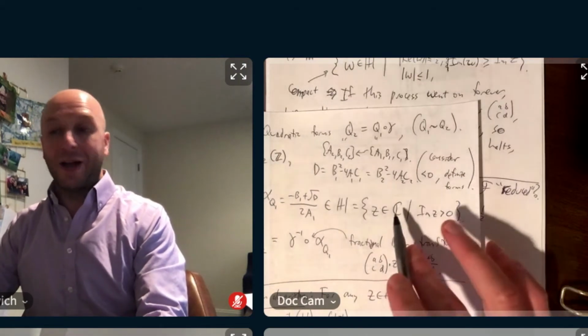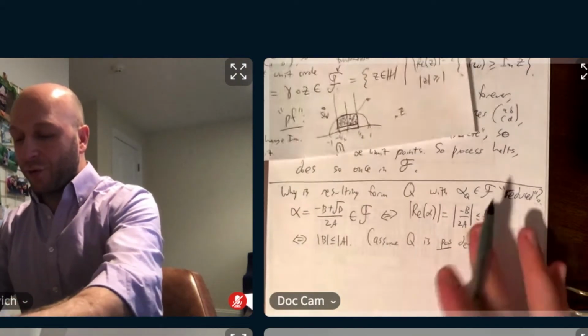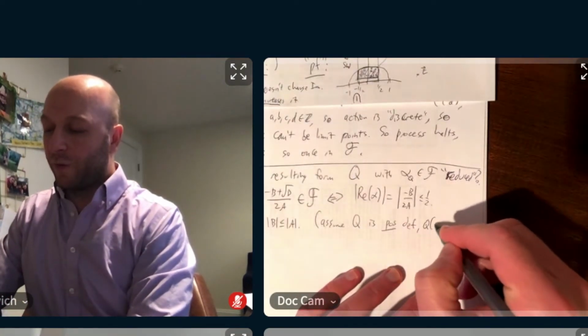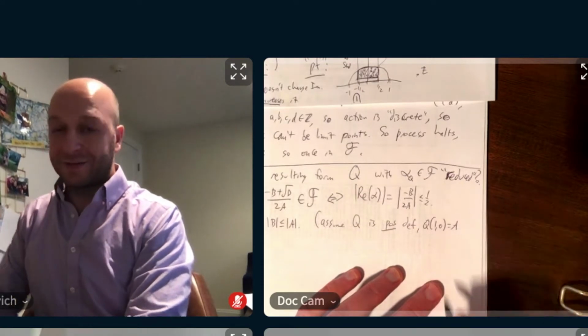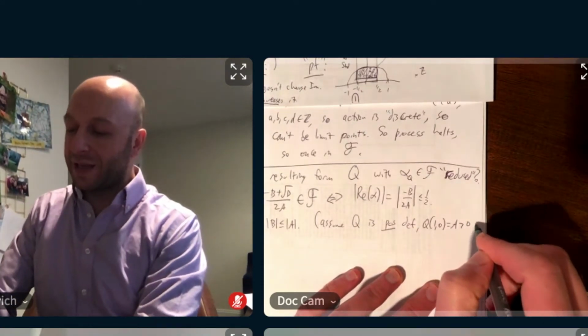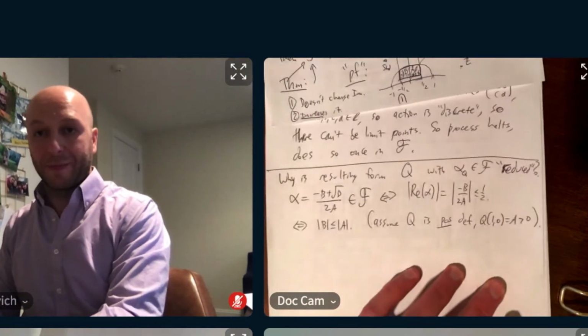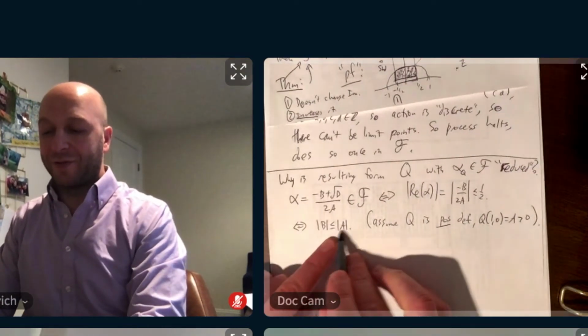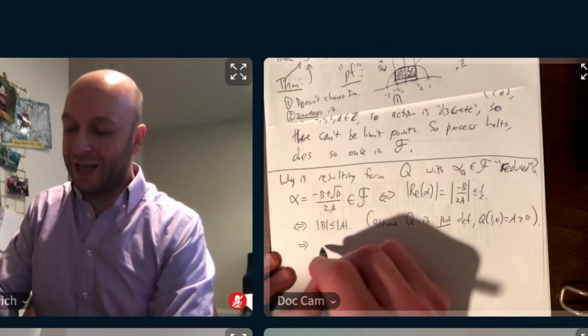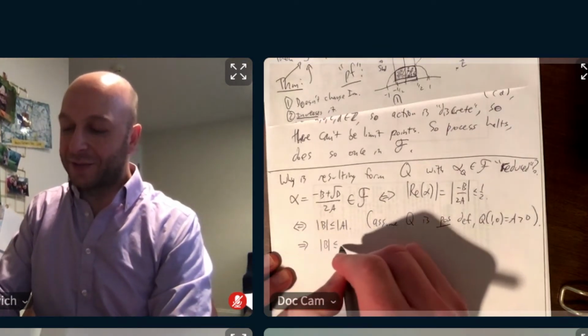The question is, are they positive definite or negative definite? If you remember, Q of (1, 0) is always a. And so if it's positive definite, then a automatically is positive. So I can drop this absolute value. So this implies the absolute value of b is less than or equal to a.